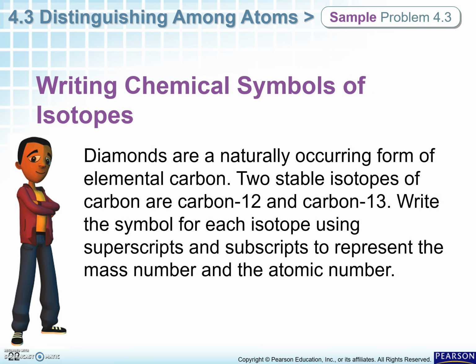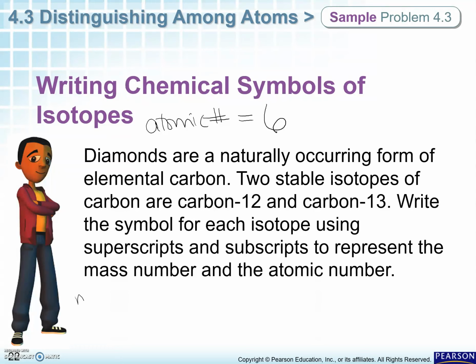Whenever you go to write a chemical symbol for an isotope, remember it has the same number of protons, which I will tell you from the periodic table: the atomic number for carbon is 6. We will be able to write their element based on their mass number and their atomic number.